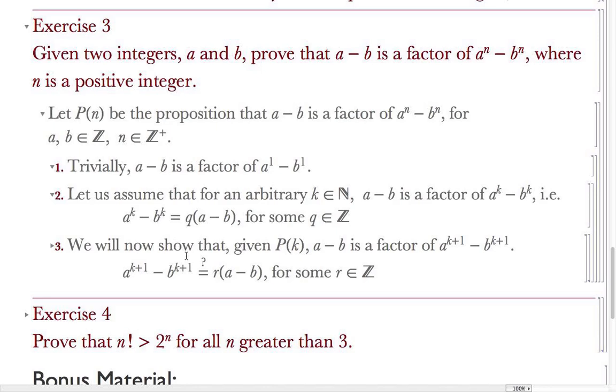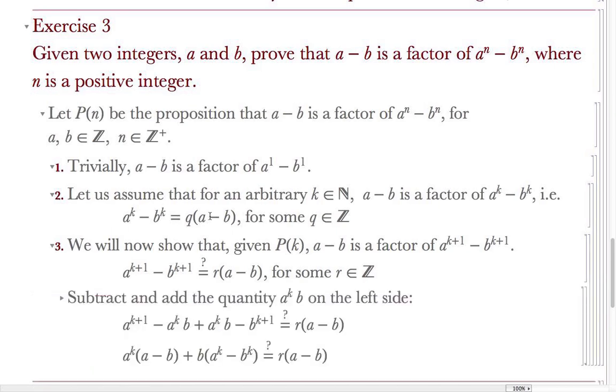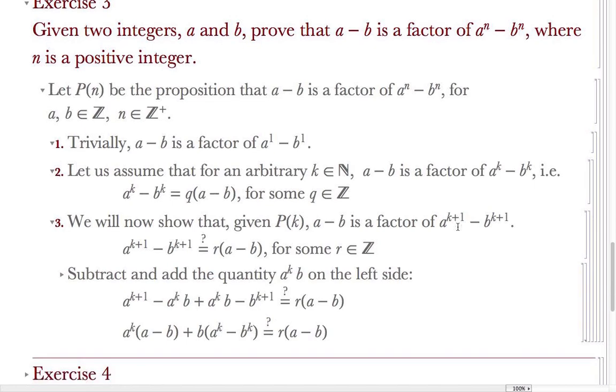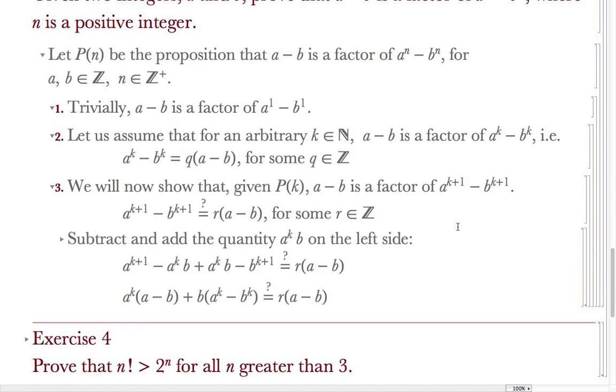And this one's actually very tricky. A little bit of a clever way of using algebra to do this. It's not obvious, but I'll show it to you. This is just another example of an interesting proof to get you used to what proofs look like and being able to write them well yourself. So what we do here, that's the trick, is to subtract and add the same quantity on the same side of the equation.